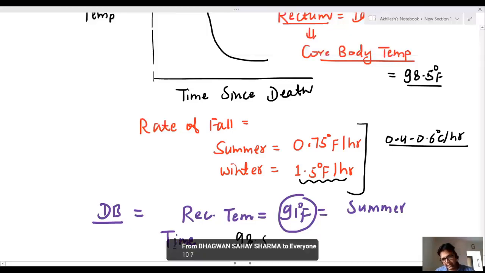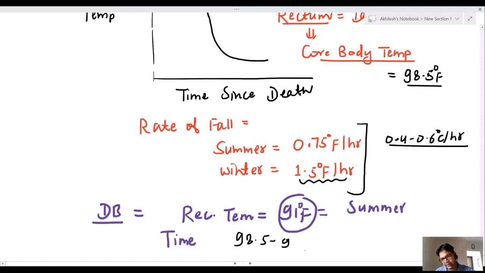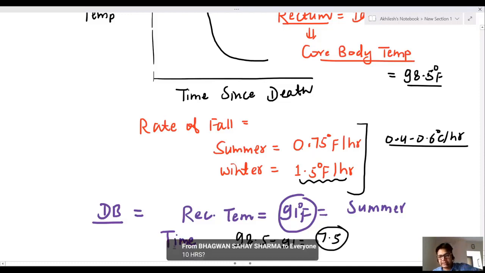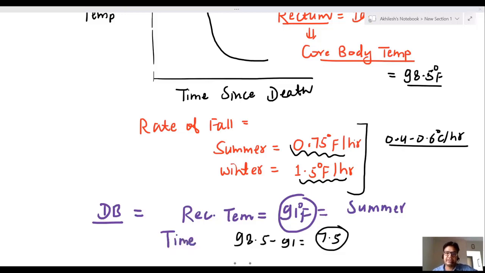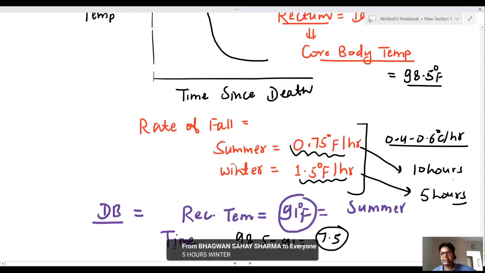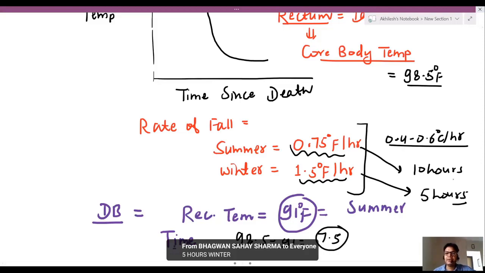So 98.5 minus 91, how much fall is seen? 7.5. Yes, Bhagwan, absolutely right. For a 7.5 degree Fahrenheit fall in summer, you will require 10 hours. Yes, it's very simple. For a 7.5 degree Fahrenheit fall in winter, you will require 5 hours. That is a very simple trick to remember.